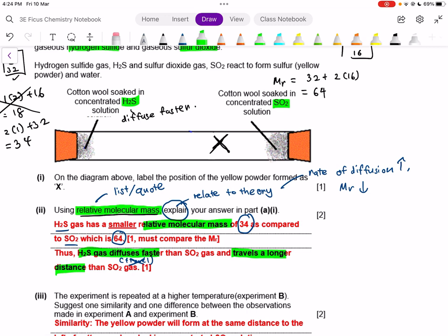Or some of y'all actually calculate wrongly. So that is something that you must take note of moving forward. Okay, so let's go to part 3 that we have over here.